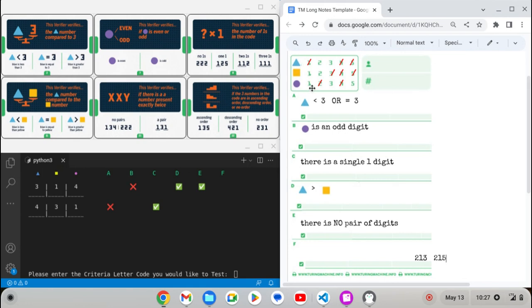There's no pair, so I don't have to choose 1 for circle. And that would leave me with 3 or 5 for purple. I don't see anything in our list of criterias that'll differentiate between 2, 1, 3 and 2, 1, 5. I already have the 1.